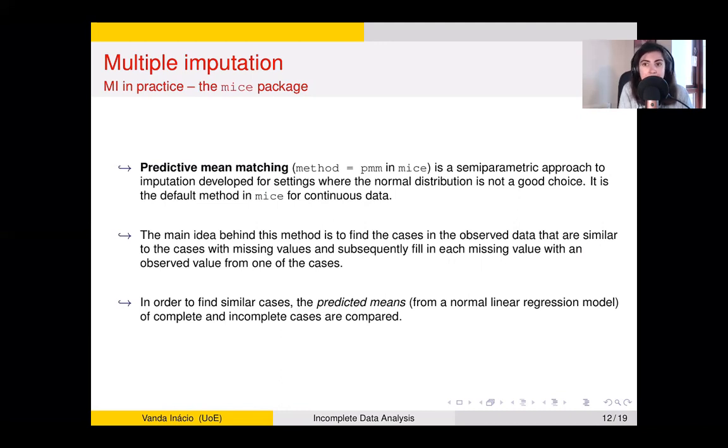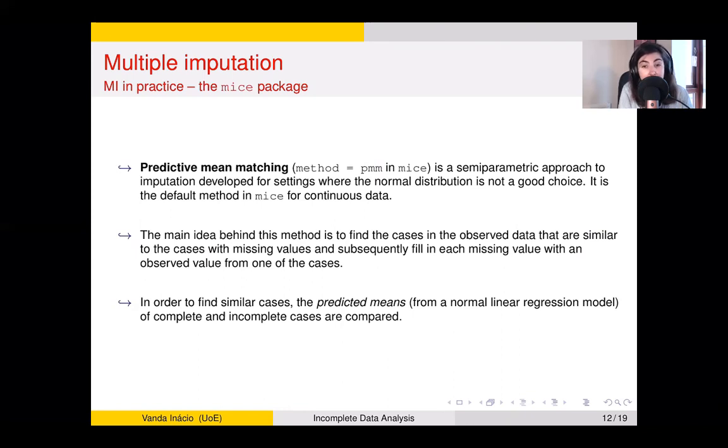And for each missing value, I compare its predicted mean to the predicted means of the observed cases, and then I come up with some metric and find the one that is deemed a possible donor or similar case.